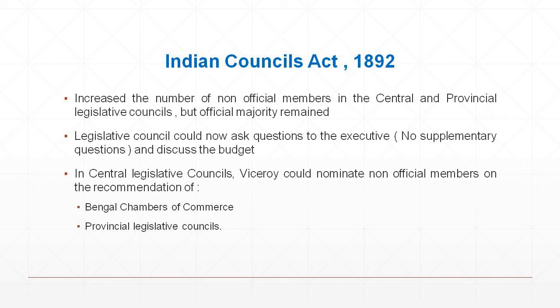So what is important here is that until this period of time, and also in the future, it's always seen that the executive council is far more superior than the legislative council. This is because executive council mostly comprised of people who were British and who were actually a part of the colonial mechanism. People in the legislative council need not be a systematic part of the colonial mechanism.